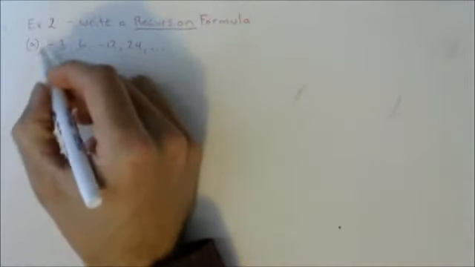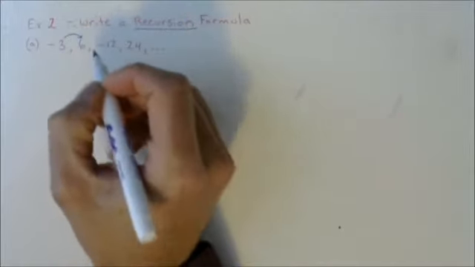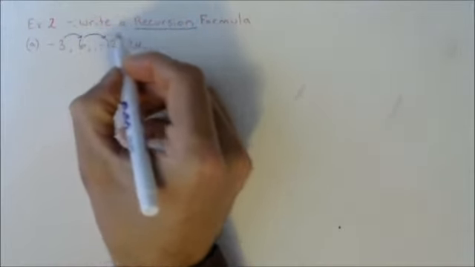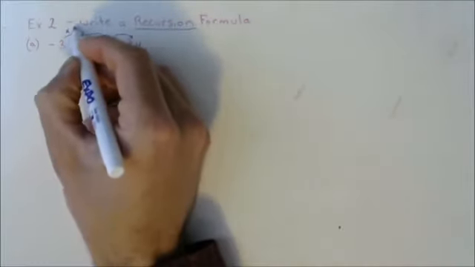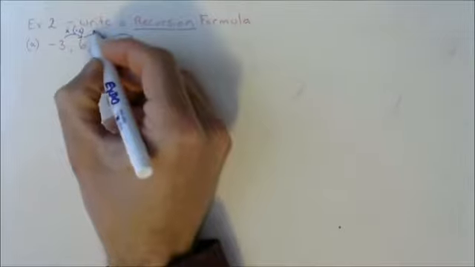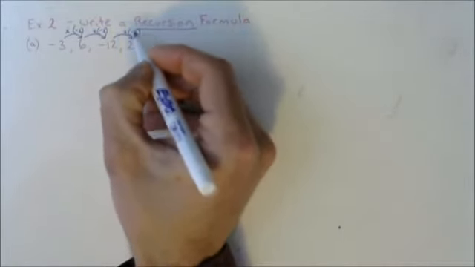So if I'm looking at this -3, how did I get from -3 to 6? And then to -12, and then to +24? I can see that in each case we're going to be multiplying by -2. So that's the pattern that we've established.